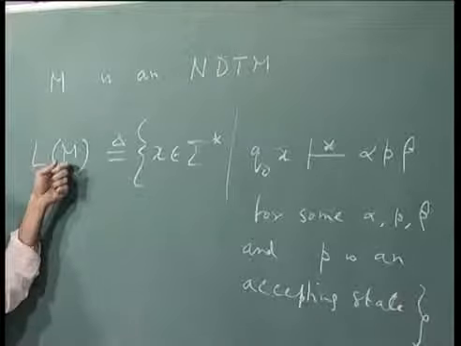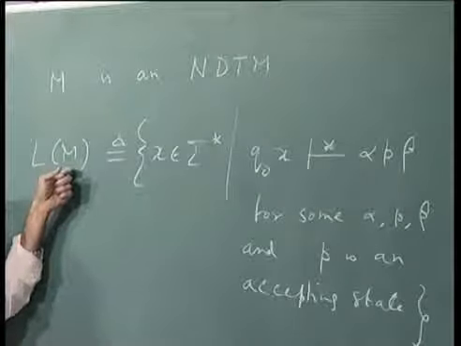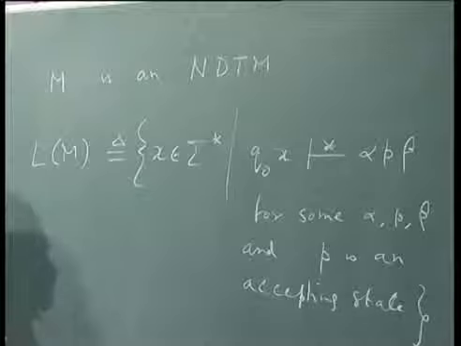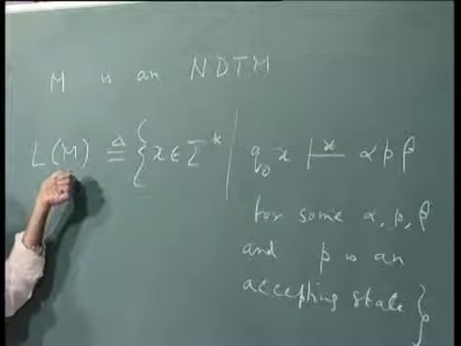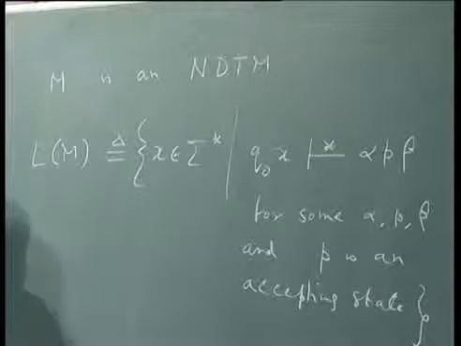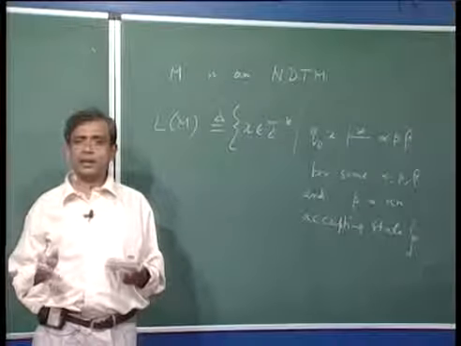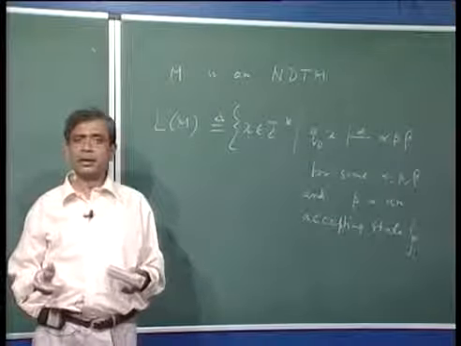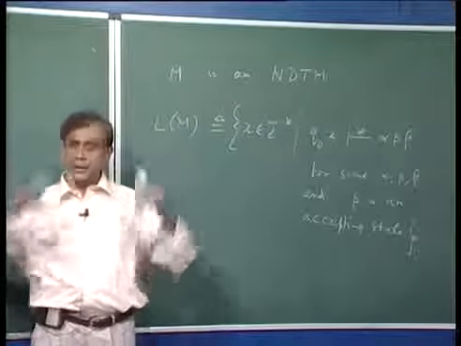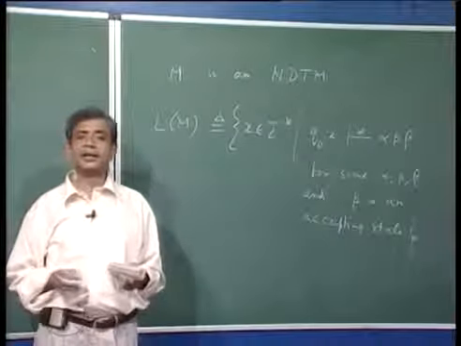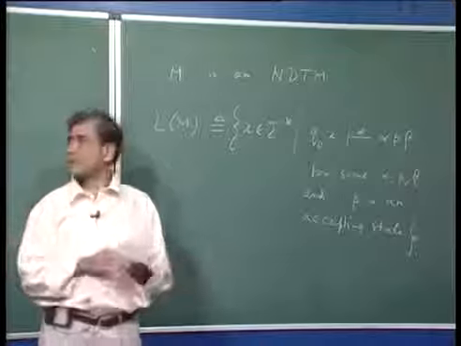The non-deterministic machine can make non-deterministic choices. Now, is this power such that with it a non-deterministic machine can recognize a language which is not there in the class of languages recognized by deterministic machines.